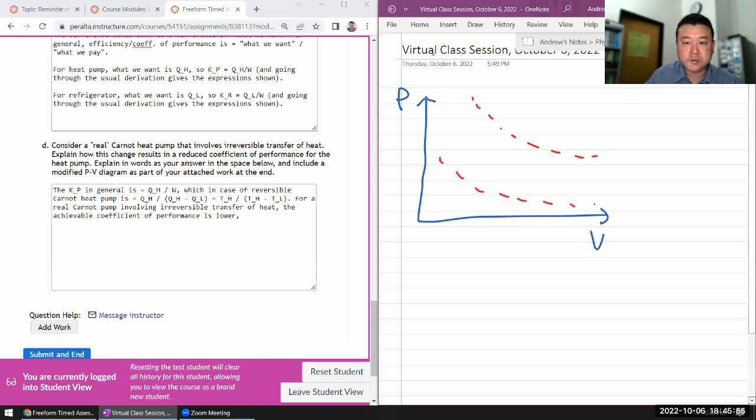So your Carnot pump is moving between the points here. I'm trying to do it the opposite.